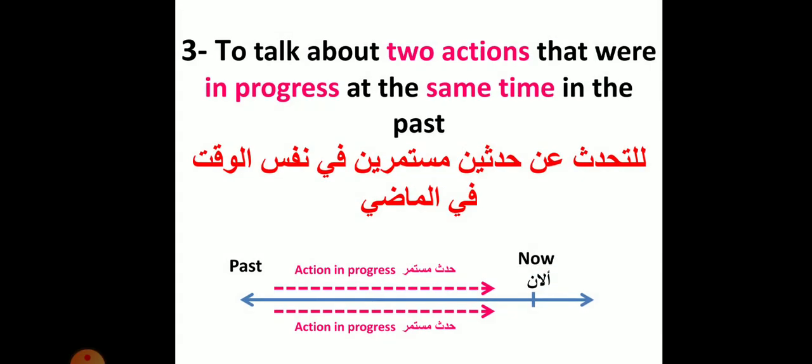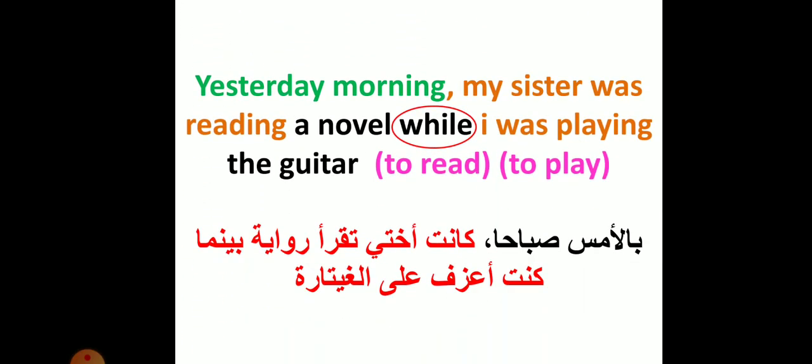The third use is to talk about two actions that were in progress simultaneously, or at the same time, in the past. Look here at the timeline. Here we have the two actions ongoing in the past. Let's see the example. Yesterday morning, my sister was reading a novel while I was playing the guitar.